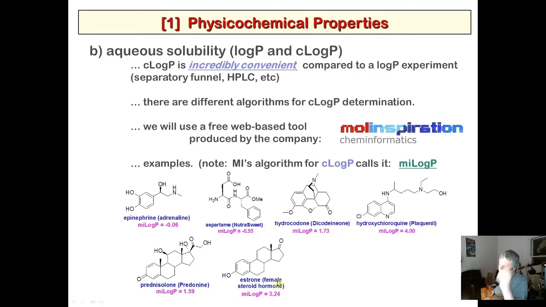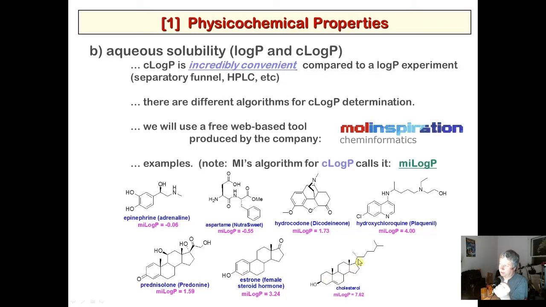An example is estrone, the female steroid hormone. It's around 3, and it has fewer hydroxy groups, so it's a little more mid-range. This could be orally bioavailable. Then just for comparison, here's cholesterol, and cholesterol is very greasy.